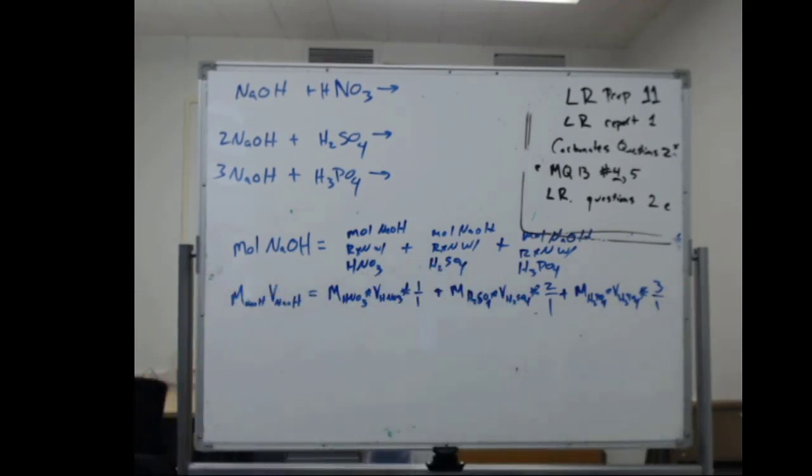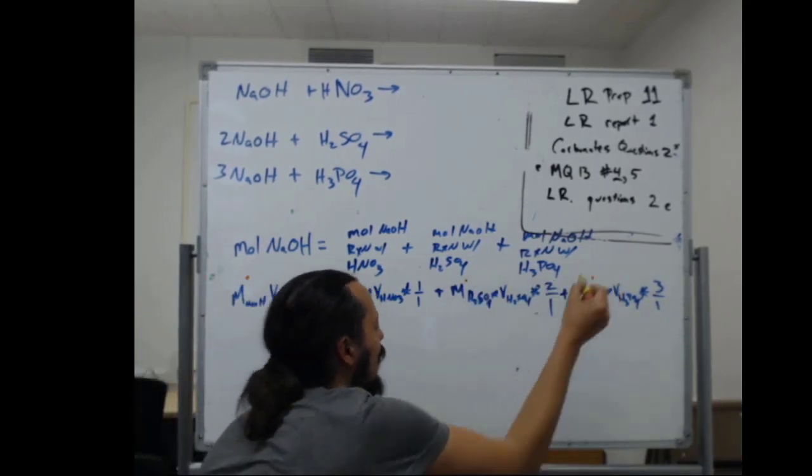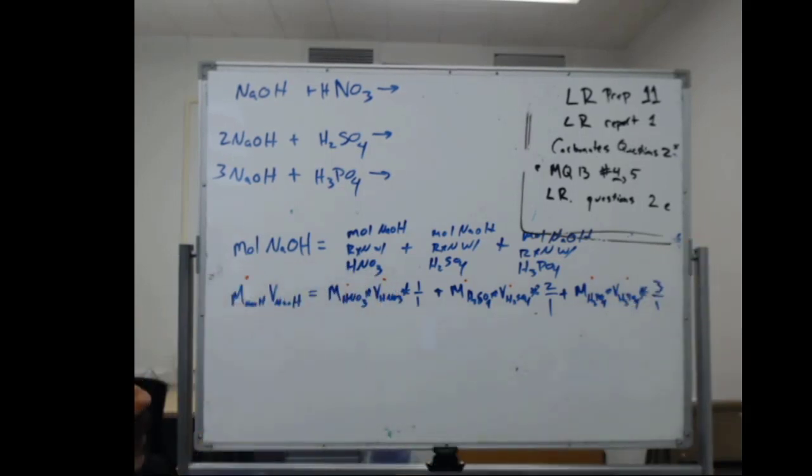And after we have this kind of conceptual equation set up, we can go through and say, okay, which things in this conceptual equation are known and which are not known. We know our molarity of sodium hydroxide, we know the molarity of each acid, we know the volume of each acid. The only thing we don't know is the volume of sodium hydroxide.